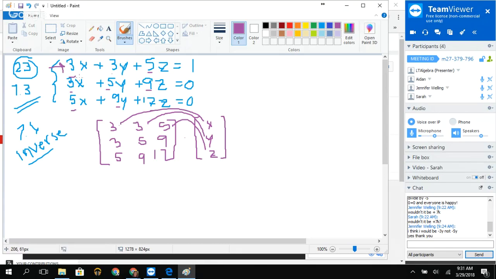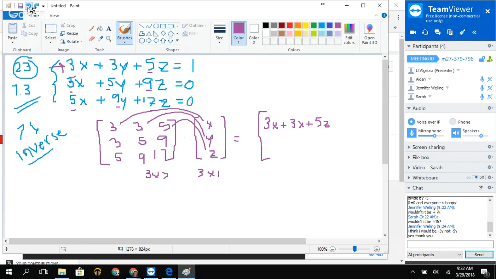So you can see that multiplication works out. Does that make sense? I'm going to erase this part. Basically, if I multiply this 3x3 times a 3x1, I end up with a 3x1 that would be 3x plus 3y plus 5z, and so on. All of my equations would pop back up if I did that matrix multiplication.